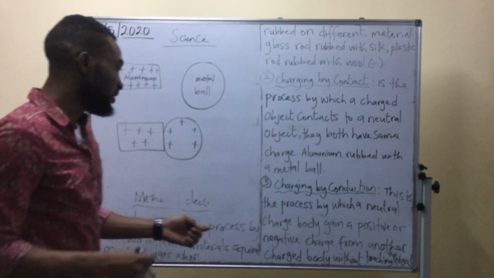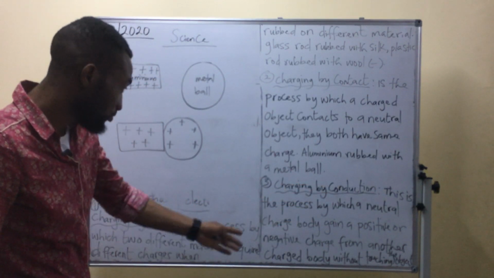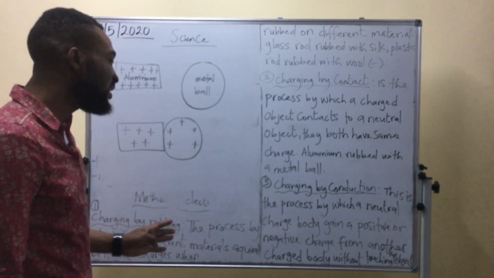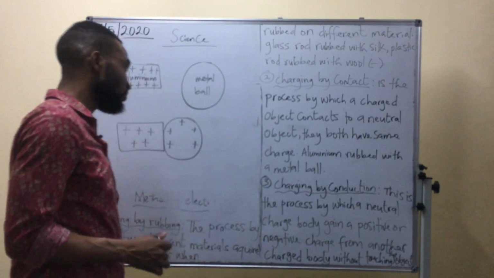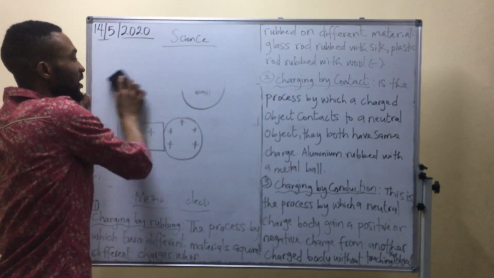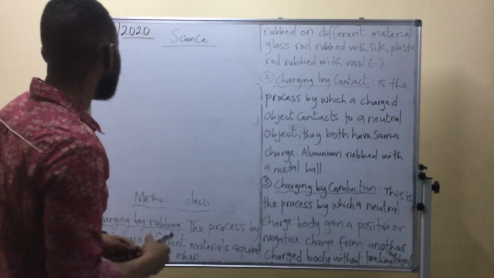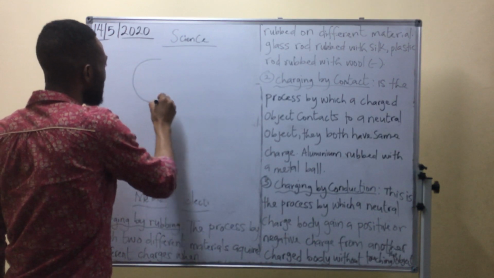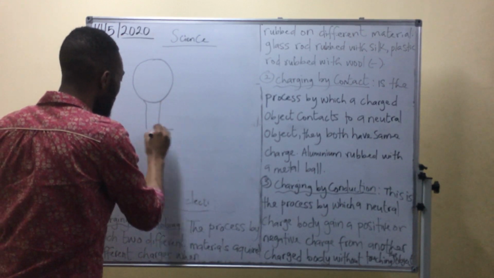So the next one, charging by conduction. This is the process by which a neutral body gains a positive or negative charge from another charged body without touching the object. Let me make a brief demonstration so that you can understand. This is a metal ball standing on an insulator.